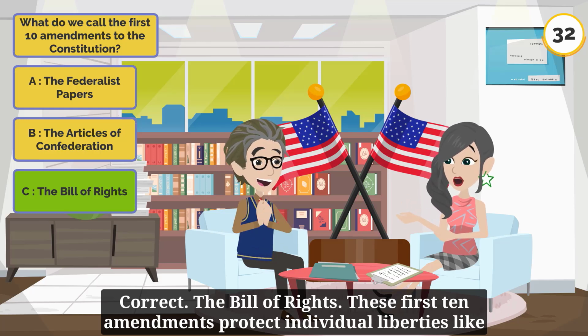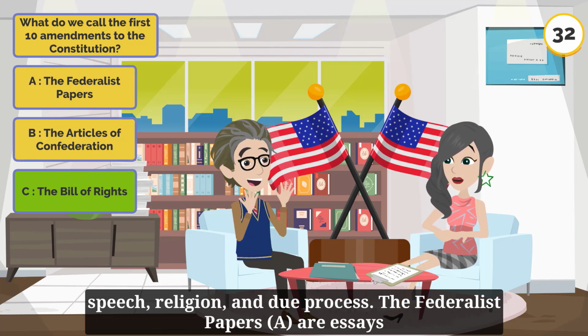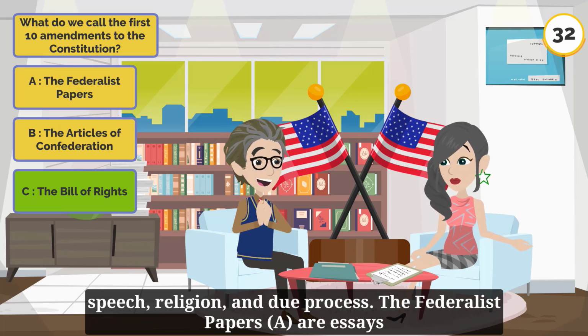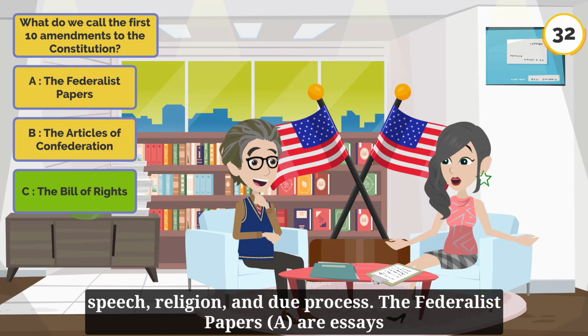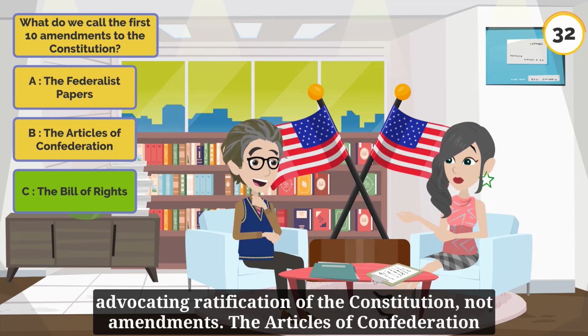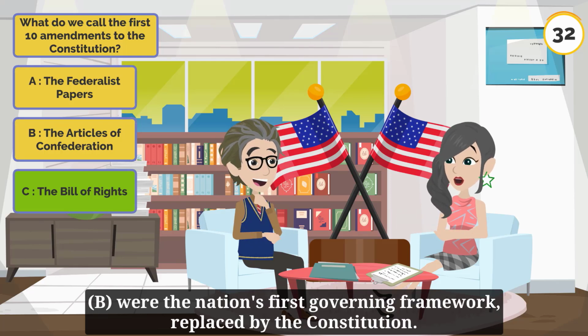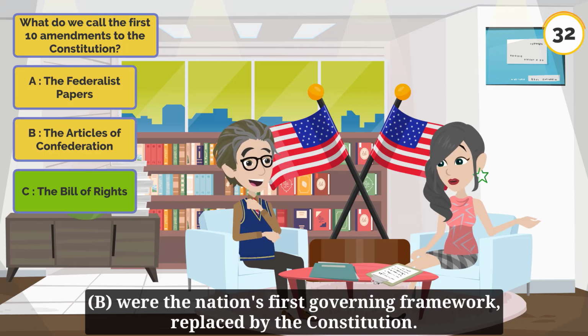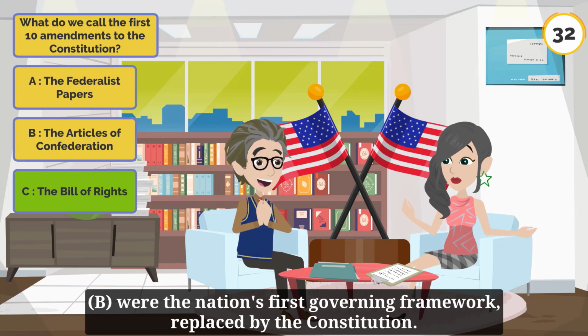These first 10 amendments protect individual liberties like speech, religion, and due process. The Federalist Papers, A, are essays advocating ratification of the Constitution, not amendments. The Articles of Confederation, B, were the nation's first governing framework, replaced by the Constitution.